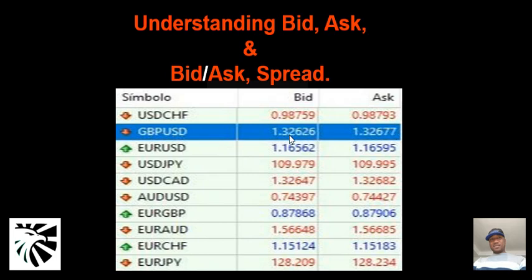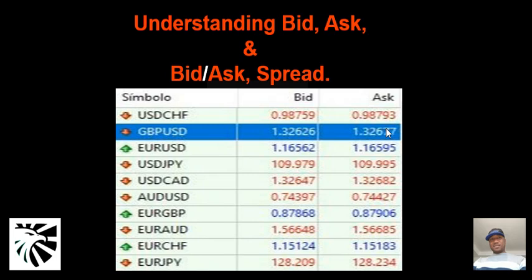Most brokers consider using 4-digit. So here is considered 1.3262, and then here is considered 1.3267. So the fourth digit here is 7, and the fourth digit here is 2.